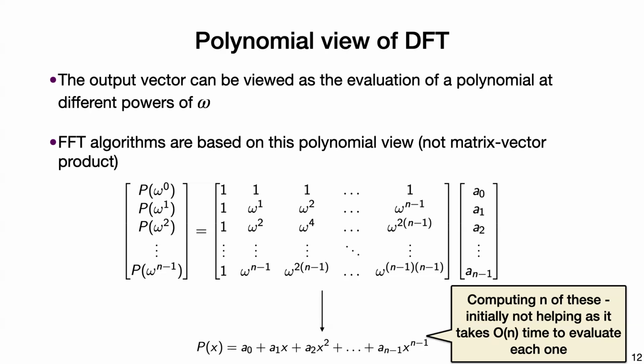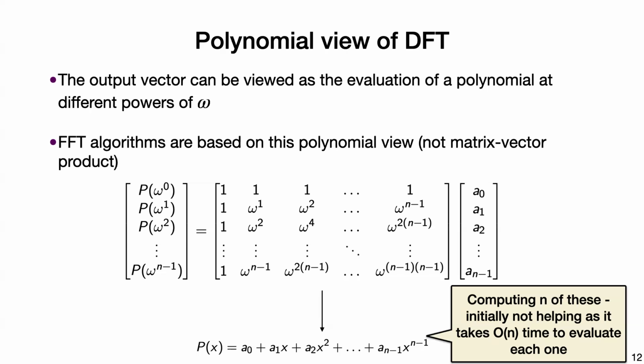And p of omega to the power 1 is, so the thing in the row is 1, omega to the 1, omega to the 2, and so on, which are going to be what you get if you plug in x equals omega in this lower thing. And so on for every row. So the powers of omega are going up by 1 each time here, and this is just the evaluation of what happens when you plug in omega into the row.